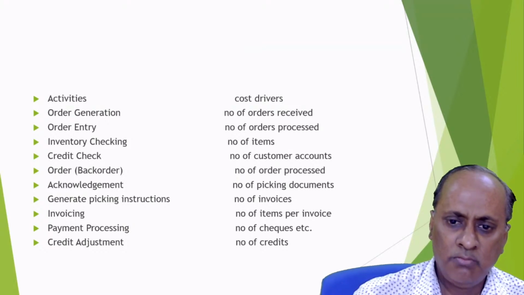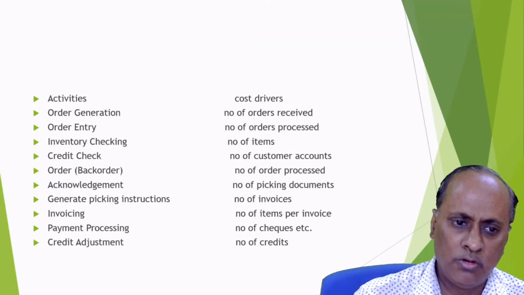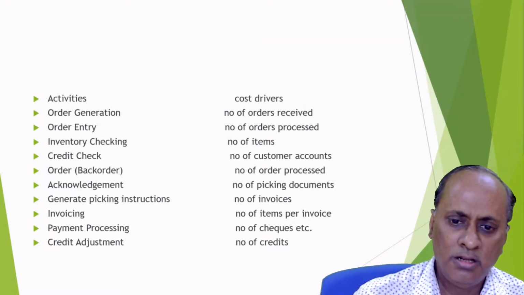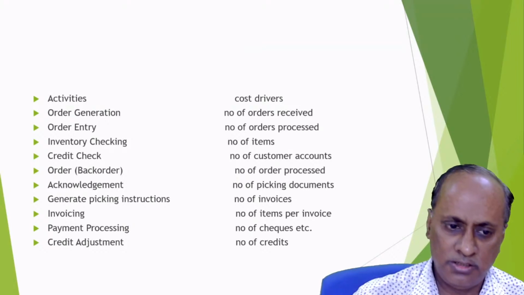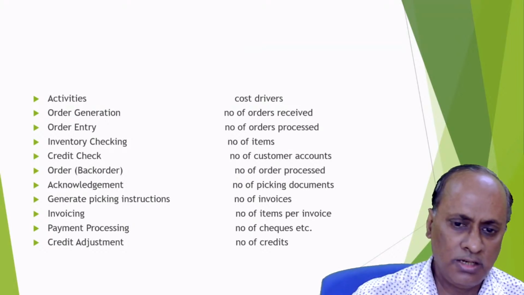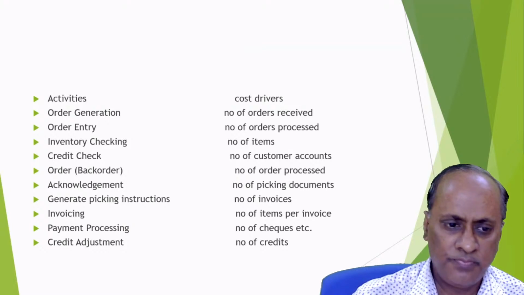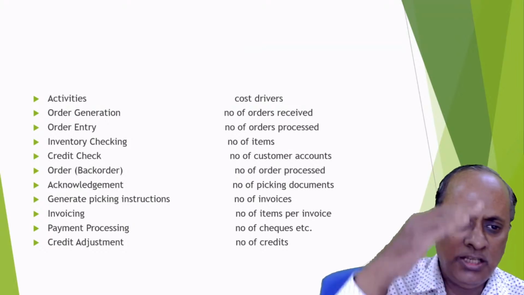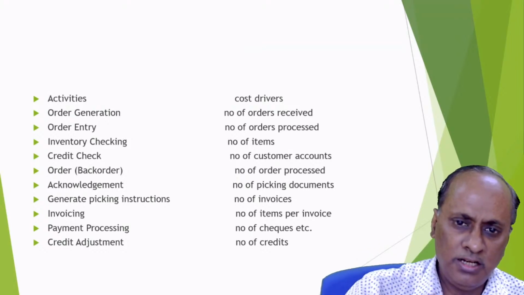If you are picking more documents, then you have to give more acknowledgement. Generate picking instruction: number of invoices. Invoicing: number of items per invoice. Payment processing: number of checks, etc. Credit adjustment: number of credits. So these are the general activities and these are the cost drivers.